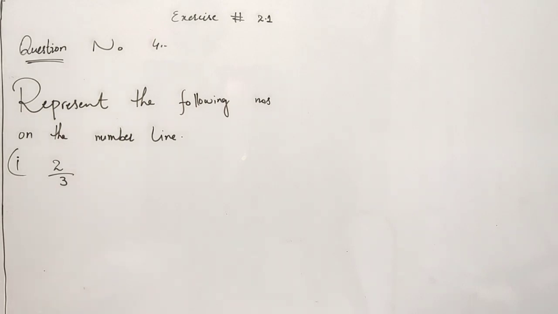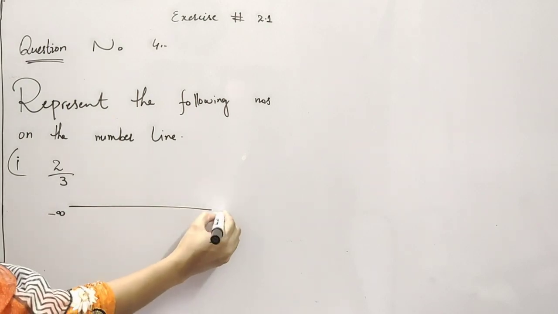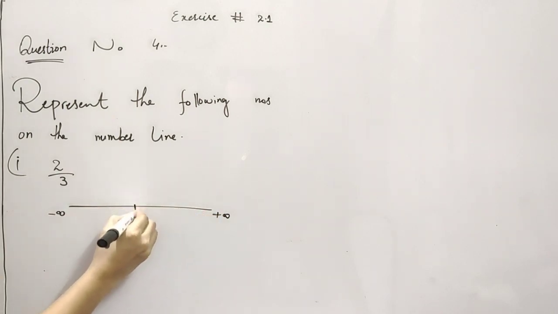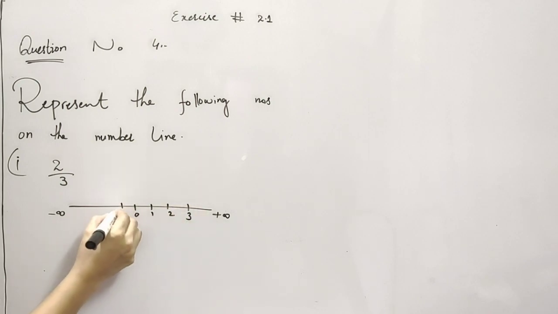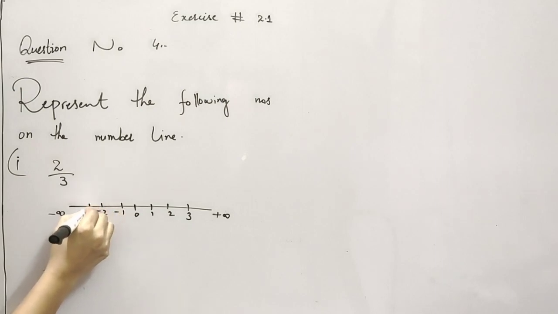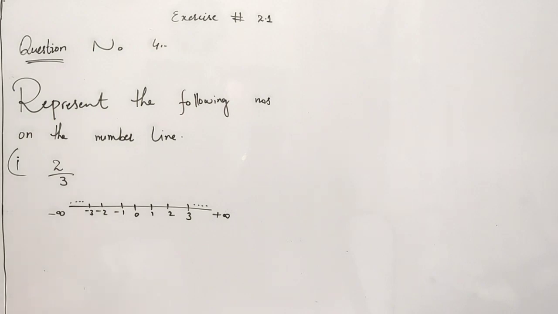For representing the rational number 2 by 3 on the number line, divide the line into units, here minus infinity and here plus infinity, here is 0, this is 1, 2, 3, and here minus 1, minus 2 and minus 3, and so on. Divide the unit line between 0 and 1.